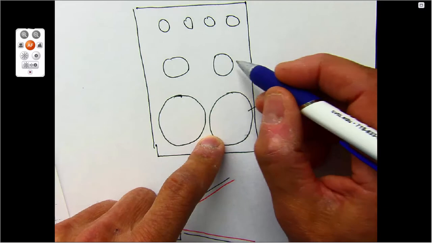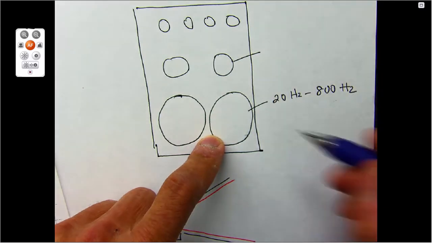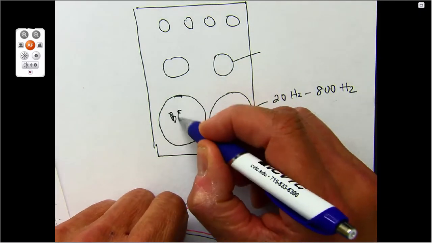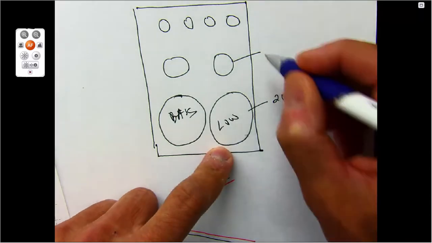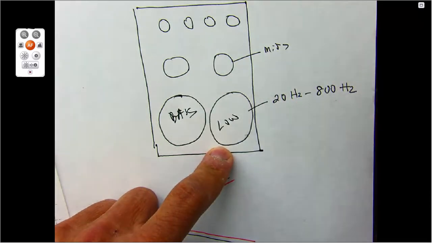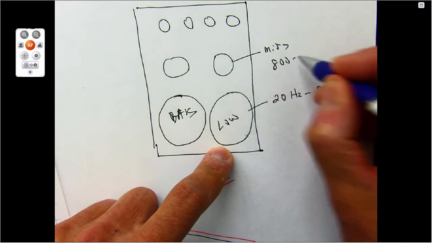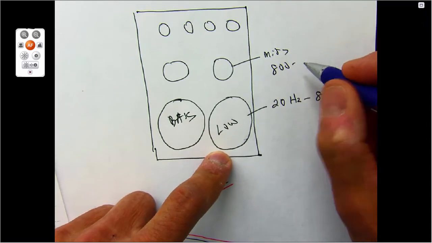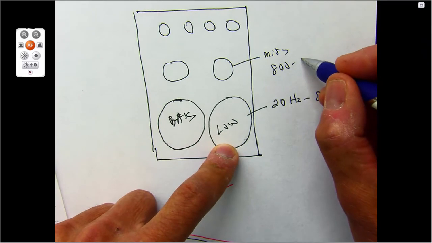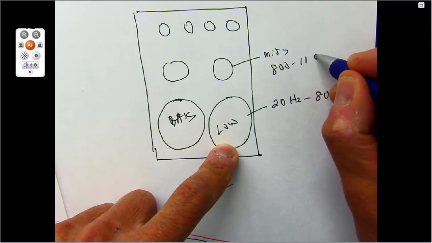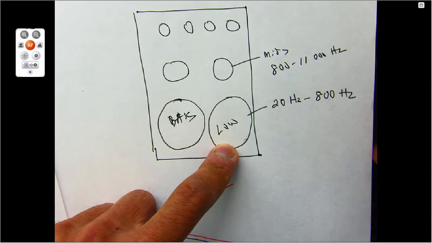So then you got to go to some mid-range speakers. Of course, this would be your bass. This would take your lows, right? Then you'd go to your mids. Those mids maybe 800 to, depends upon the size, oh, they might go 11,000, maybe.